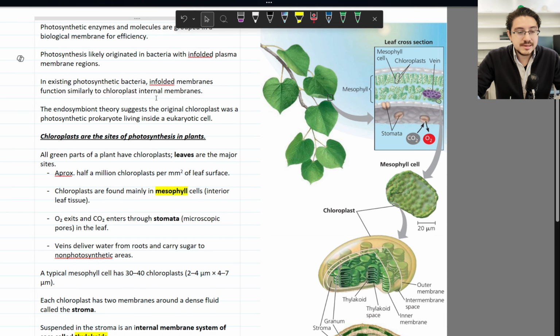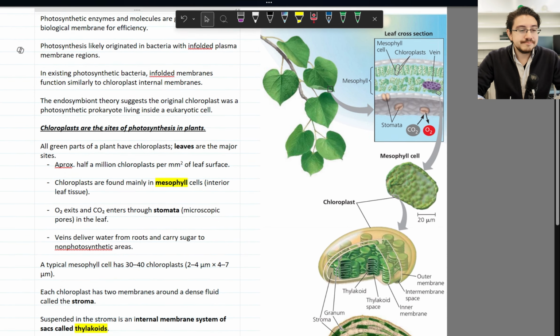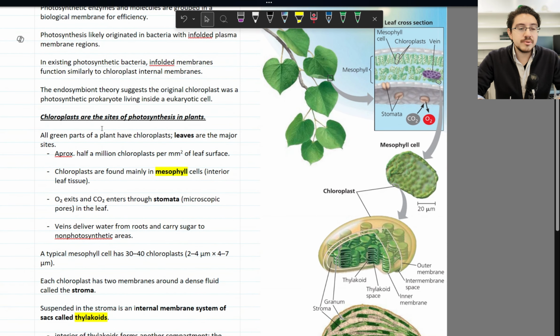If you remember the endosymbiont theory, it suggests that the original chloroplast was actually a photosynthetic prokaryote living inside a eukaryotic cell. Just a little bit of a refresher there from the previous chapters.